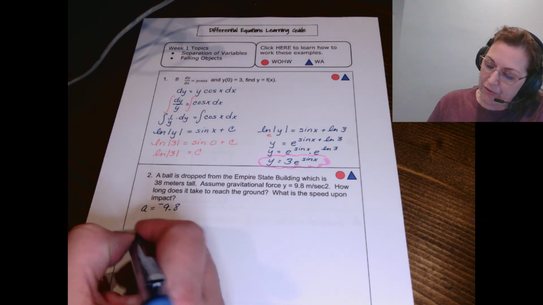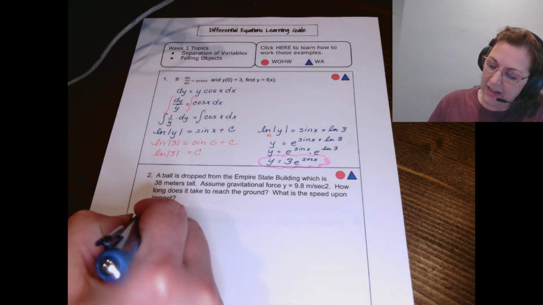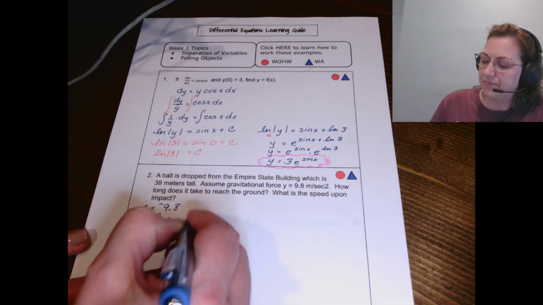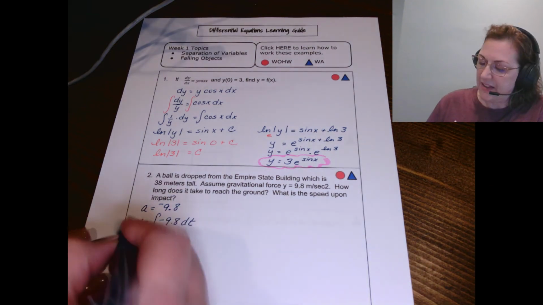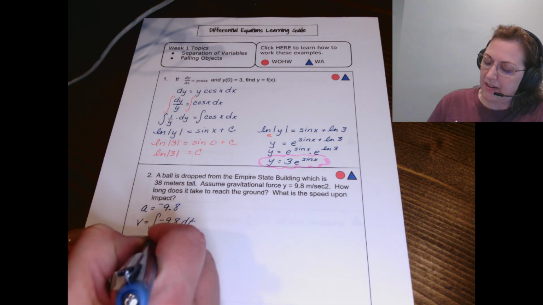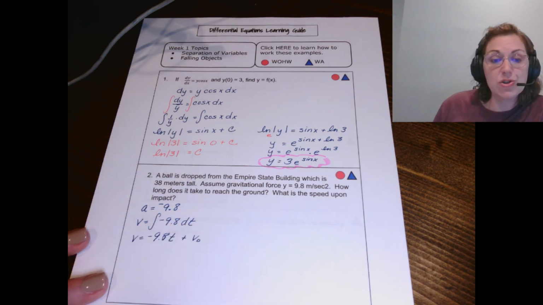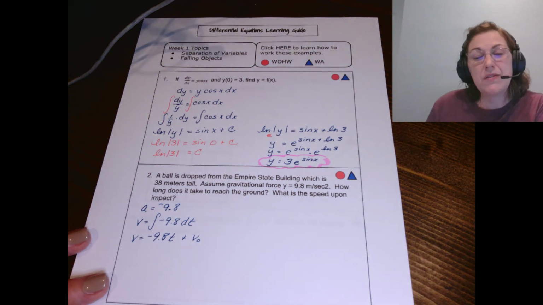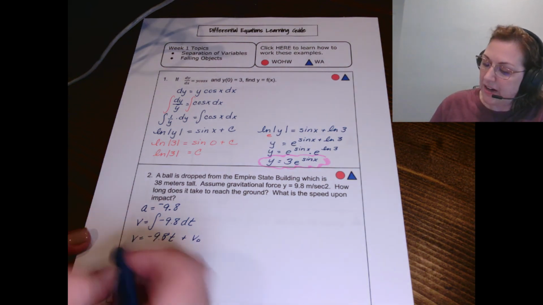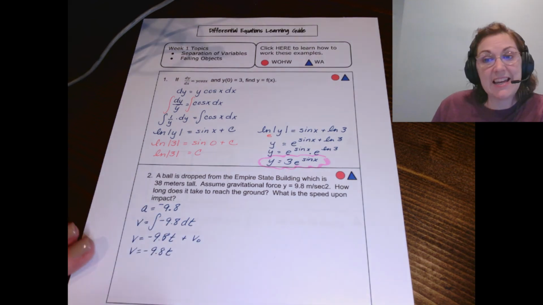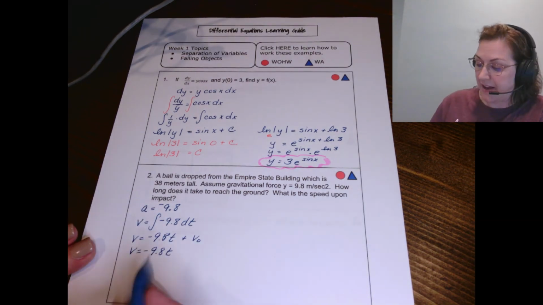So we'll look for the velocity as the antiderivative of the acceleration. That would give me negative 9.8t plus the initial velocity, which, if the ball is being dropped, is zero, since it did not have an initial velocity. Then we can take the antiderivative of that to find the position.